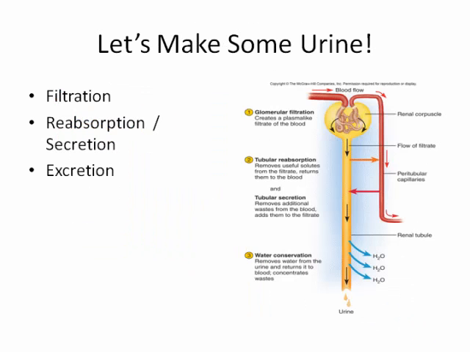So, how does all of this equal urine? Well, we have three basic processes that occur, and those three basic processes are outlined right here. We've got filtration, we've got reabsorption and secretion, which we will talk about, and then we've got excretion, which we're not going to spend as much time talking about.